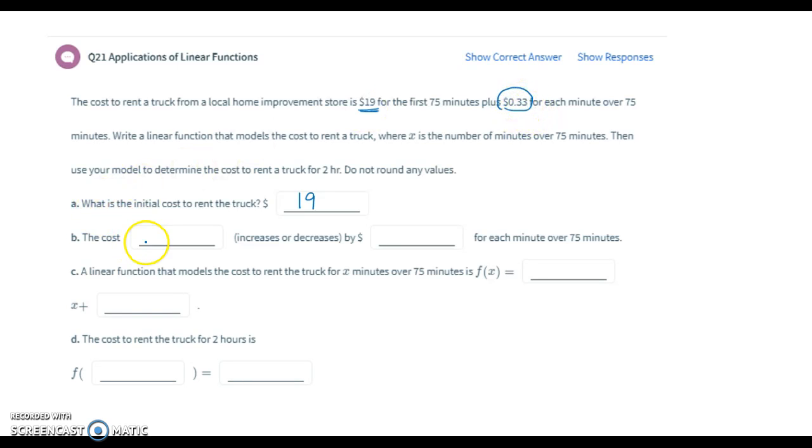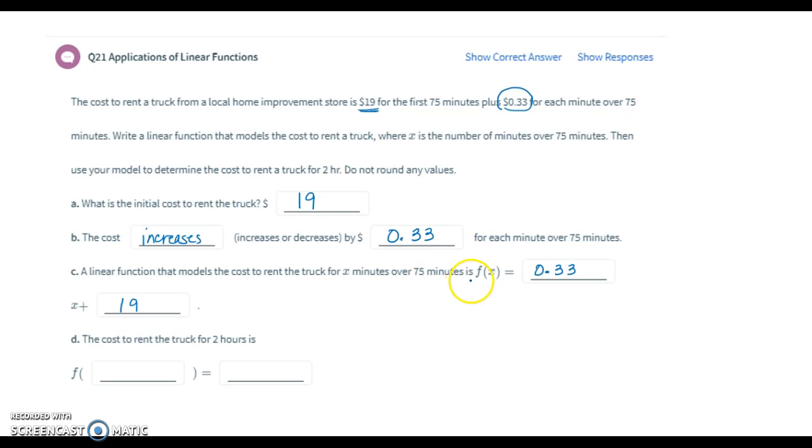So the cost increases by 33 cents for each minute over 75 minutes. So a linear function that models the cost to rent the truck for x minutes over 75 minutes is, remember, our slope, which is 0.33x, plus our initial value, which is plus 19.